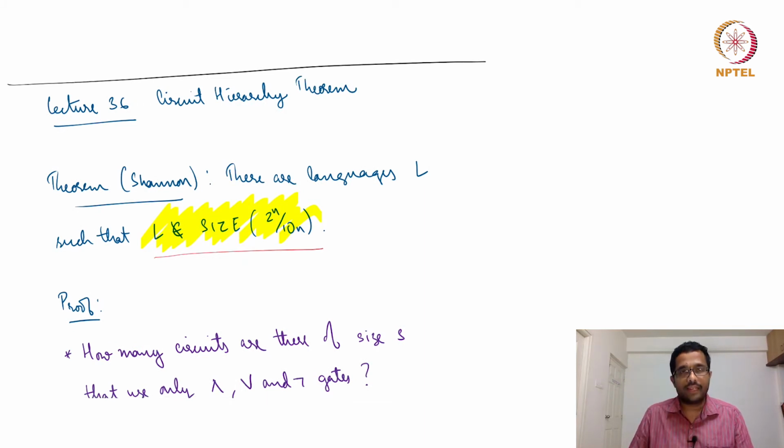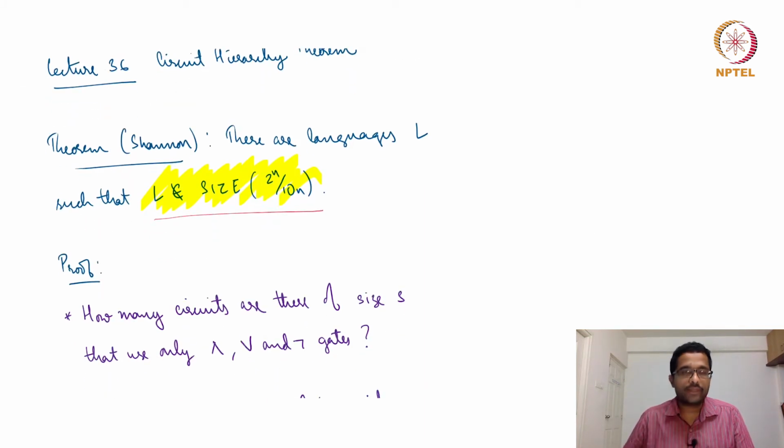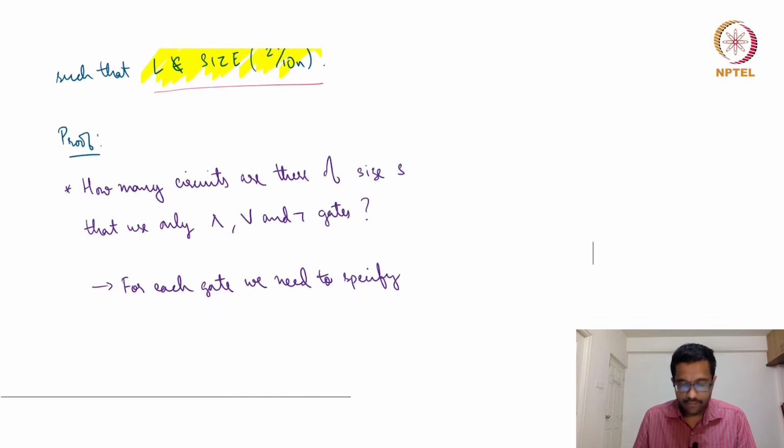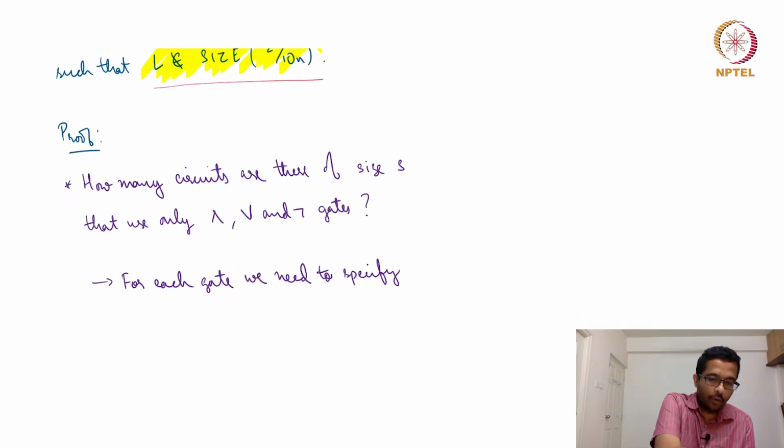First we will see Shannon's theorem, why there are languages that cannot be computed in 2^n / (10n) size circuits. This is an extremely simple kind of argument. All he does is counting. As a first step, let's see how many circuits there are of a certain size, and then how many functions there are for a certain n.